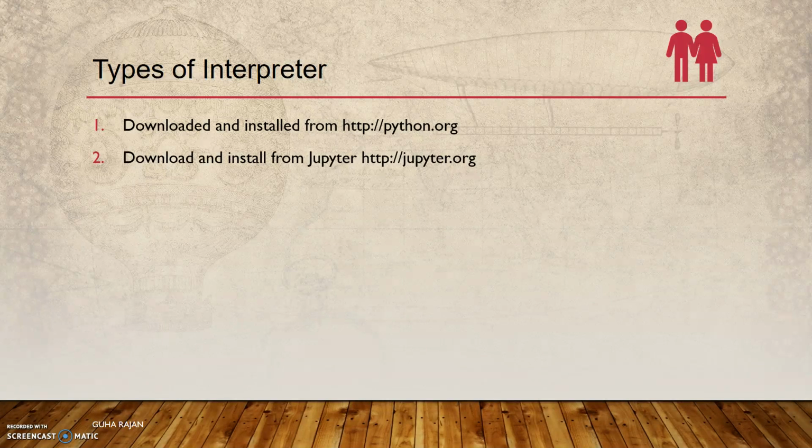Unlike python.org, once you download from python.org, you have a base install of Python and then you need to add libraries to it. Say, for example, NumPy is a library. If you want NumPy, you need to download from numpy.org and do an install. Similarly, pandas, you need to download and install. Whereas with jupyter.org, most of them get installed.